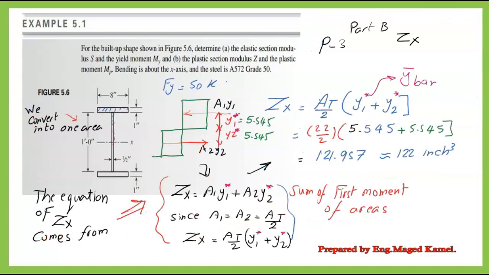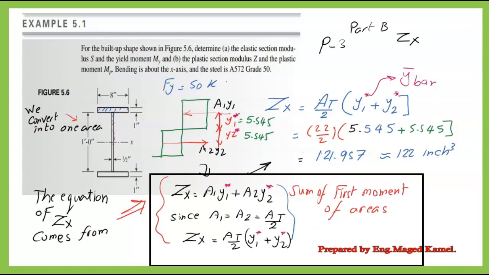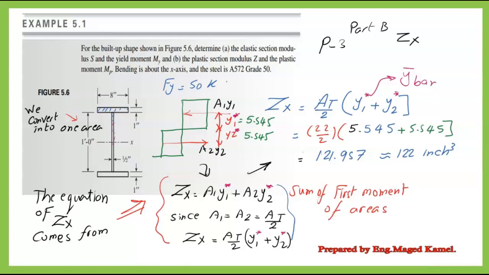The Z sub x, or the plastic section modulus equation, is the sum of A1 by Y1 star plus A2 by Y2 star. Since A1 equals A2, adding together, we will find that Z sub x can be expressed as A total over 2 by Y1 star plus Y2 star.